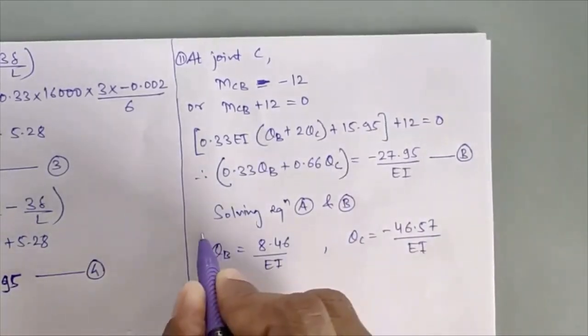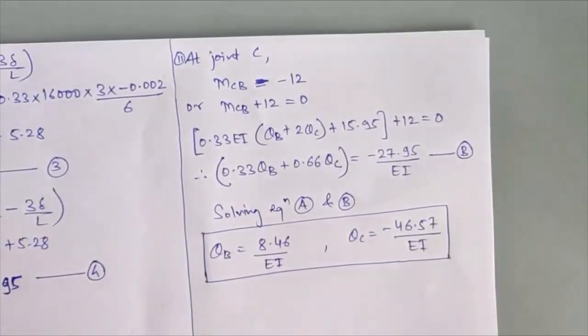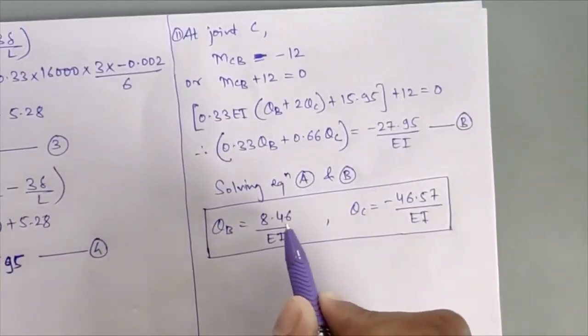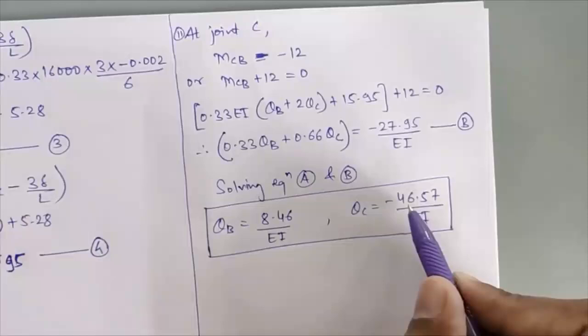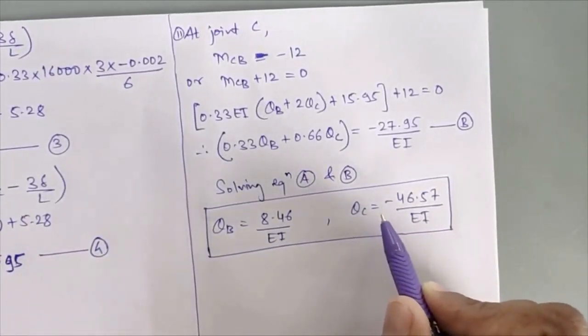So what was our basic aim? To calculate the unknown displacements, which we have now got as known displacements, that is 8.46 upon EI as your theta B and minus 46.57 upon EI as your theta C value.